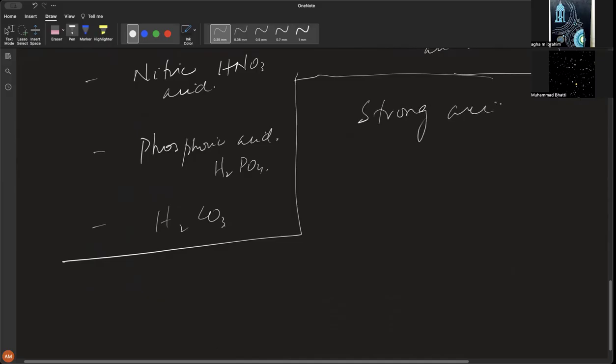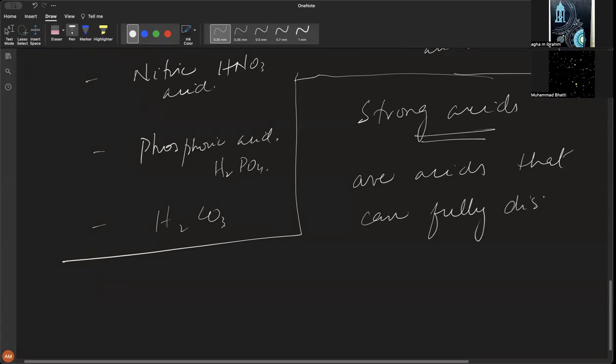Strong acids. Strong acids are acids that can fully dissociate in an aqueous solution, right?